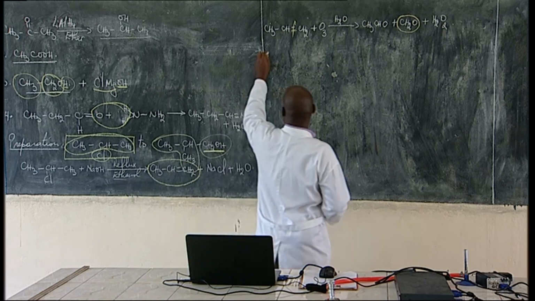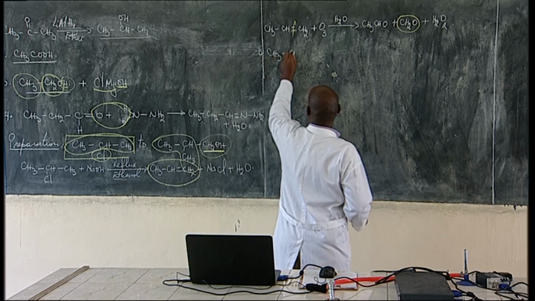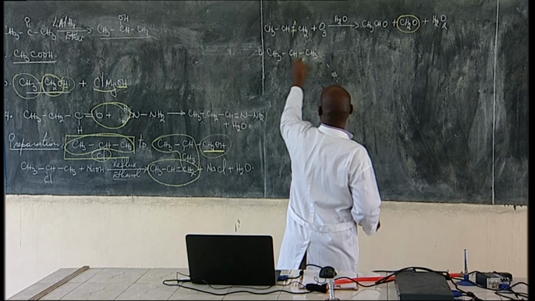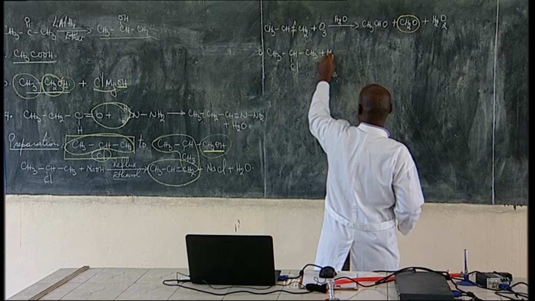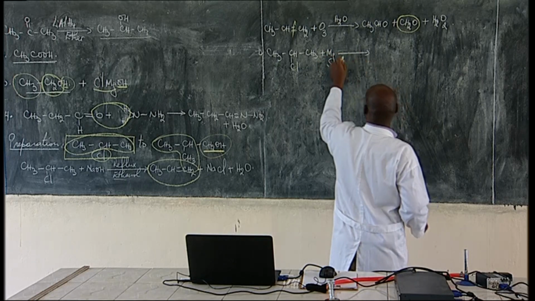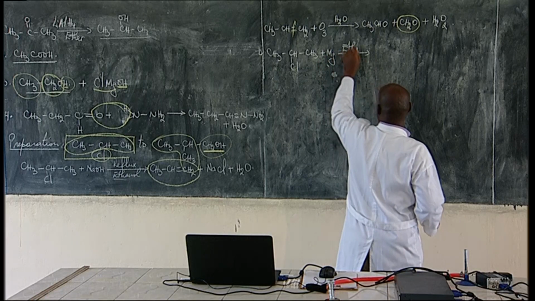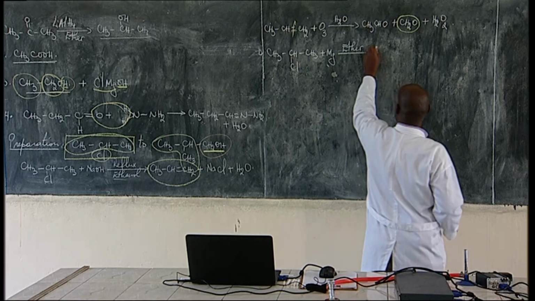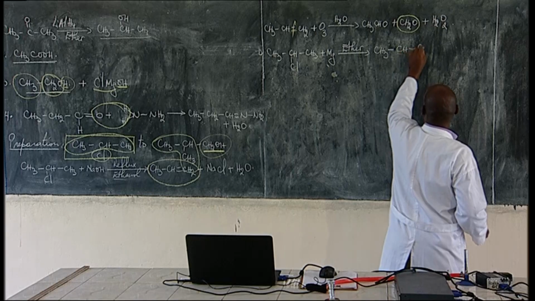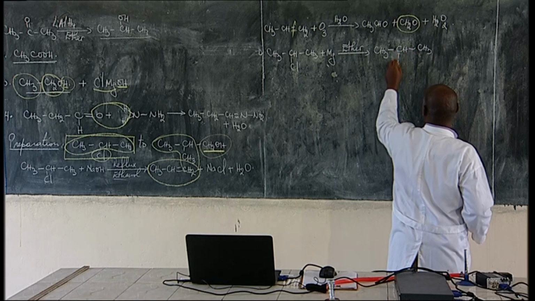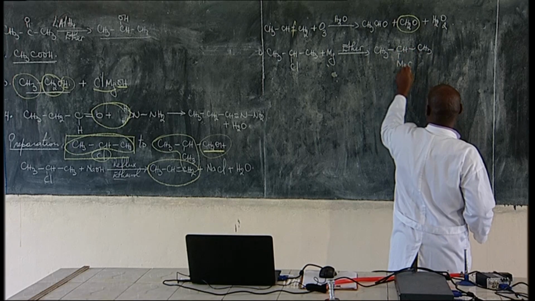How do we transform alkyl halides into Grignard reagents? You just treat them with magnesium and you use ether as a solvent. And what do you get? CH3CH(CH3)MgCl, with magnesium chloride.